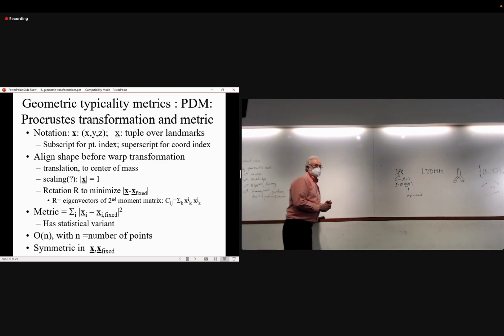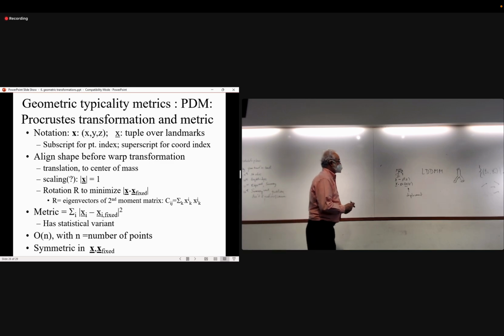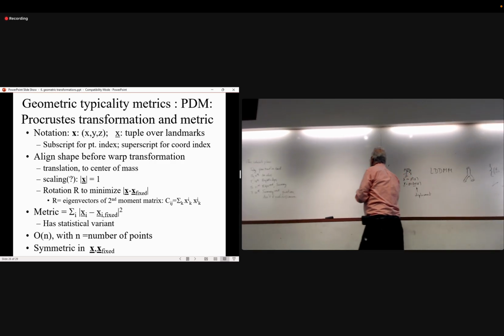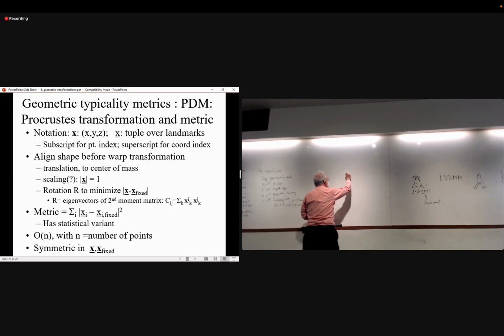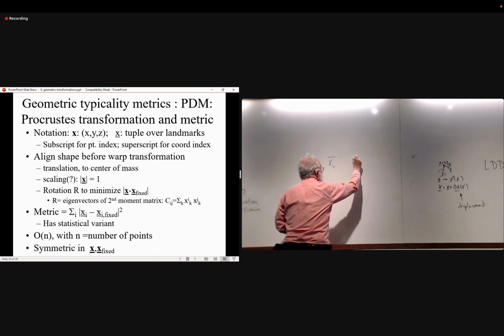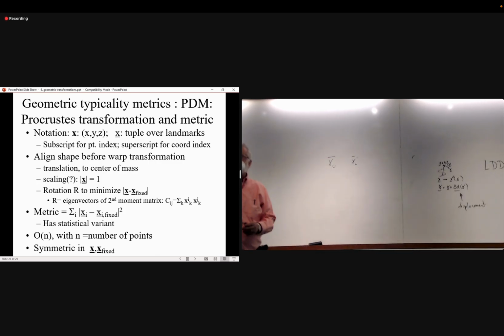But in any case, the basic idea is you have this set of landmarks, the pairs, and the first thing you can do is to take the average of all the landmarks in the source and equivalently the average of all the landmarks in the target. And what we want to do is a translation.